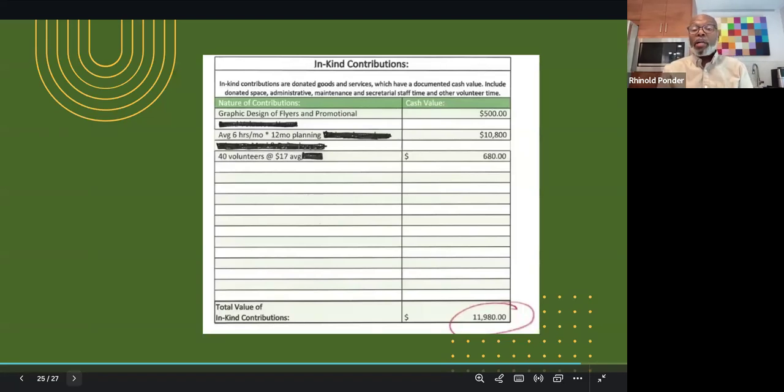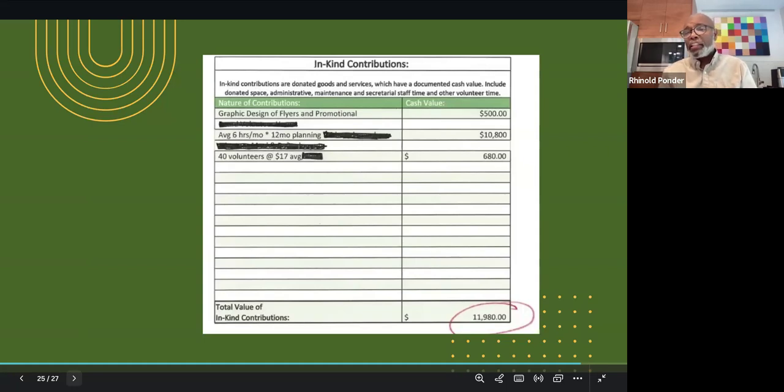One of the issues that may come up for you, and I know it's come up for me from time to time, is how do you value the time of your volunteers? You want to know the hours that your volunteers work and then multiply that probably by some type of hourly wage number. I have no suggestions for you in that regard. I think different institutions might have requirements for different numbers.